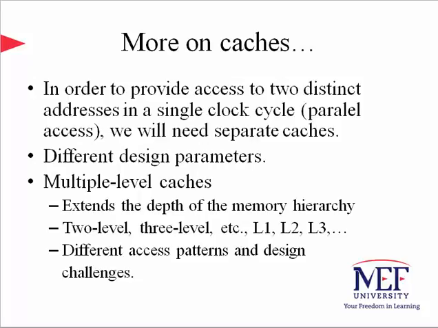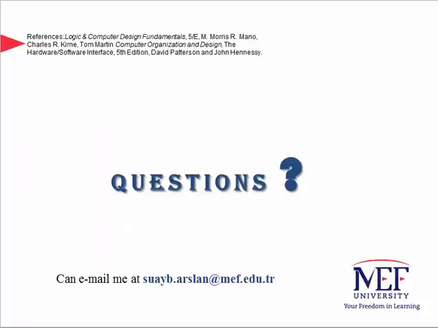L1 cache is customarily built into the CPU chip, alleviating the need for extra pins and inter-IC communications. Since L2 and L3 caches are used if the data or instructions cannot be found in L1, these caches at different levels of the hierarchy will have different access patterns, and therefore that will imply distinct design challenges.